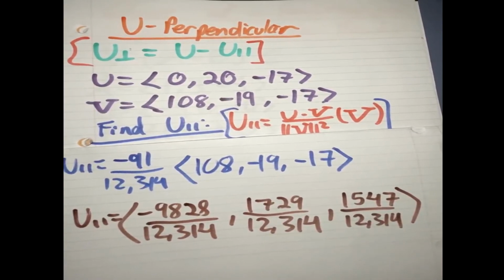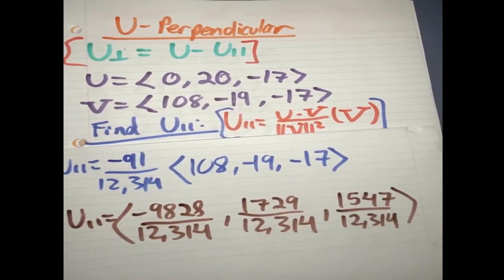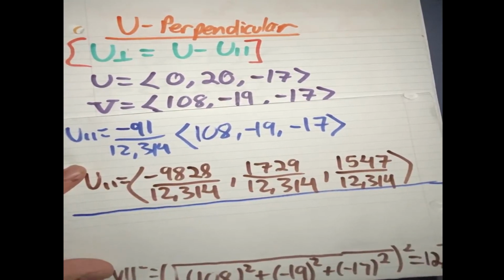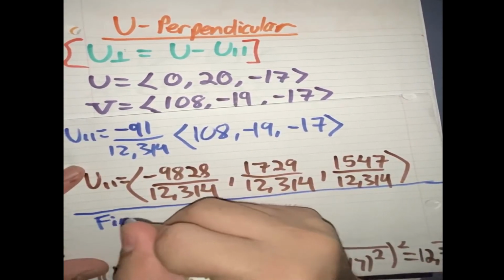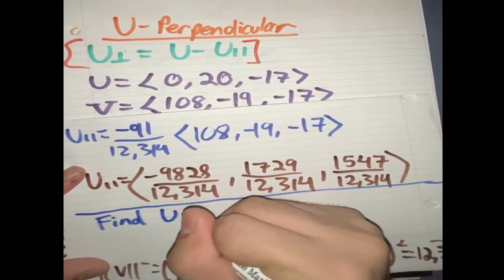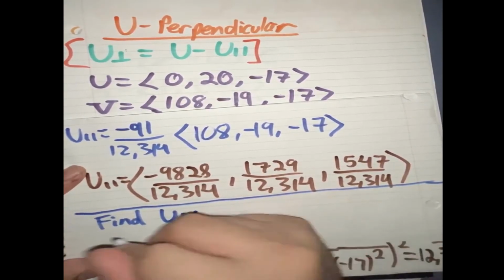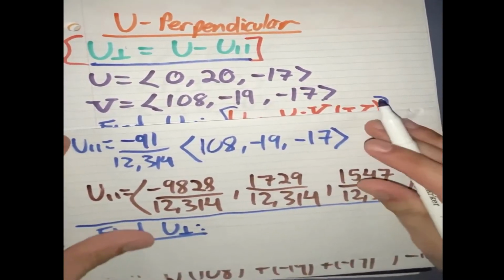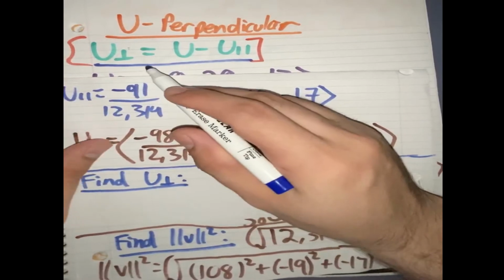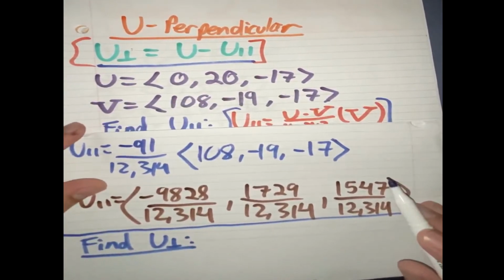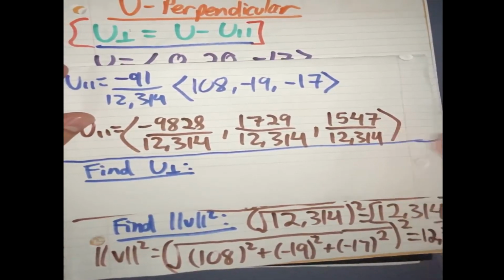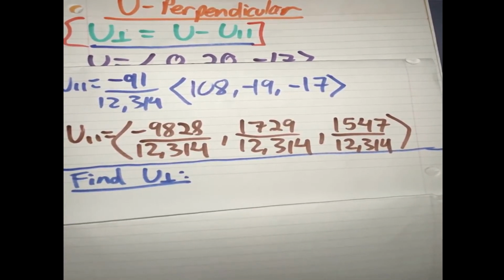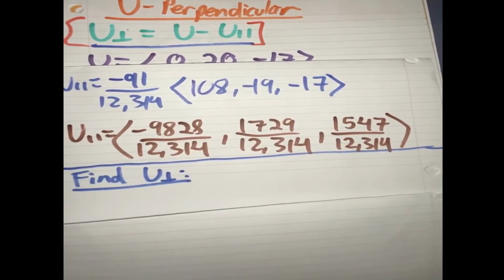So now the next step we have to do is we're trying to find u perpendicular. So put a line. And how do we do that? Well, we have a formula right here. U perpendicular is equal to u minus u parallel. So to find u perpendicular, all we'd simply do is just subtract u minus u parallel.